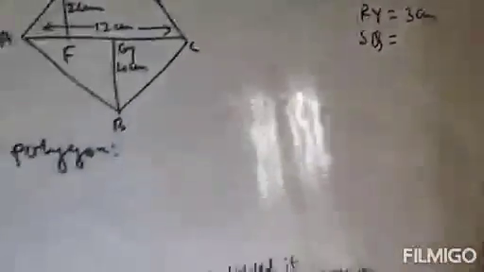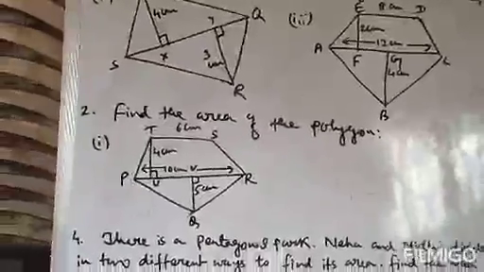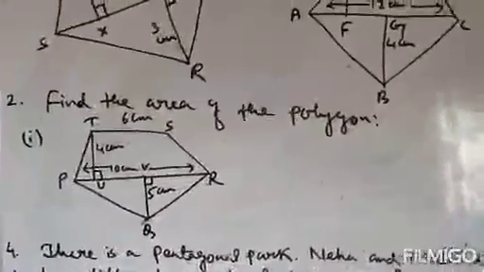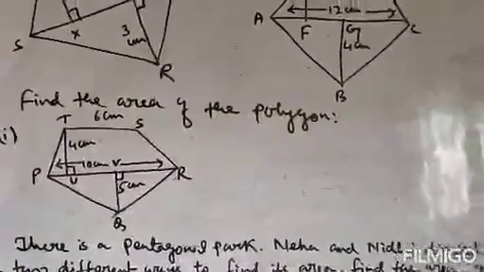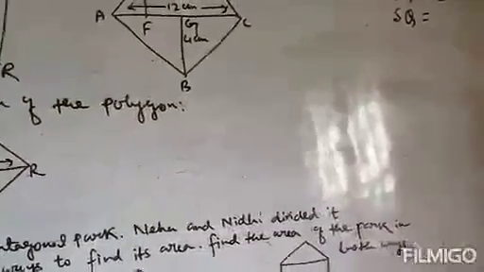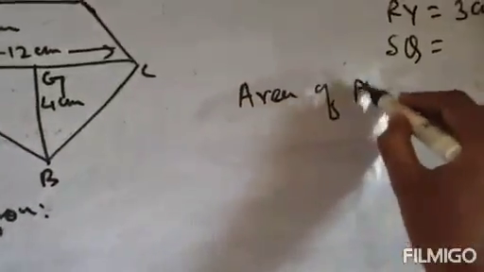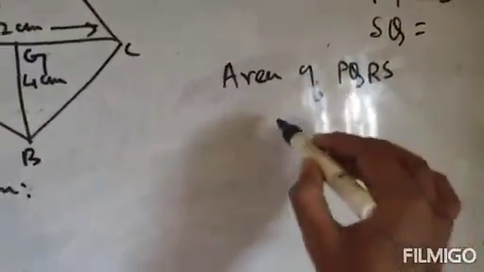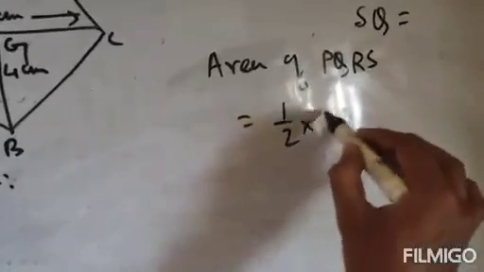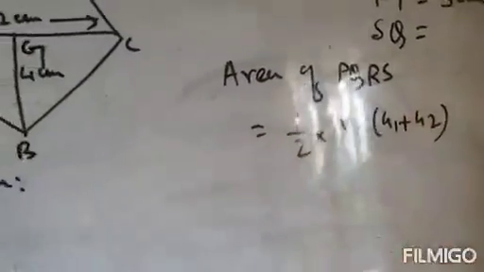The formula for finding the area of a quadrilateral is 1 by 2 into the diagonal into the sum of heights or sum of altitudes. So the area of quadrilateral PQRS will be 1 by 2 into the diagonal into h1 plus h2.